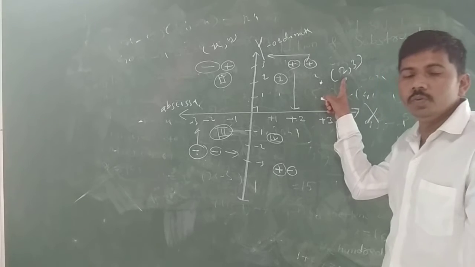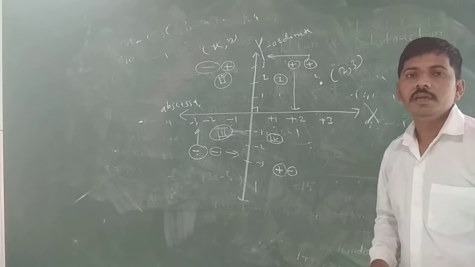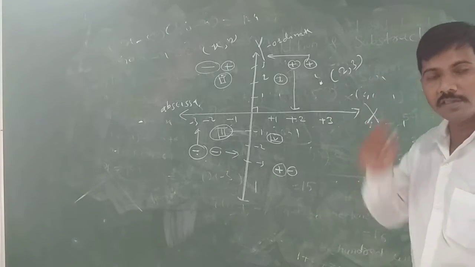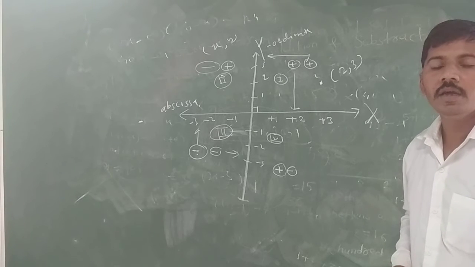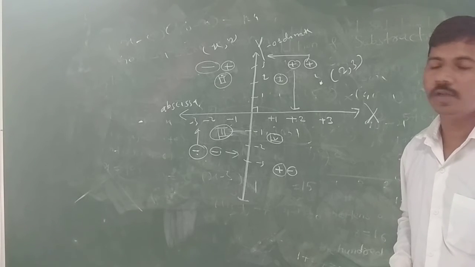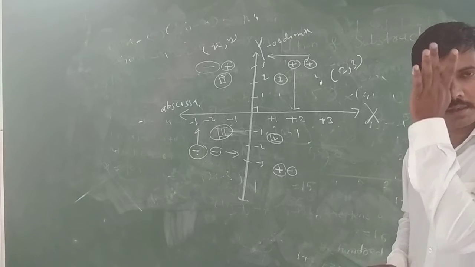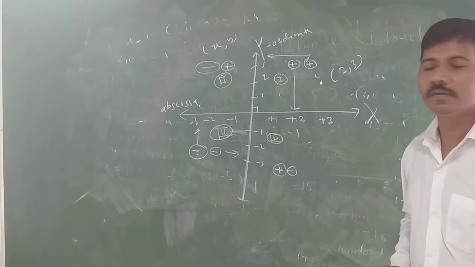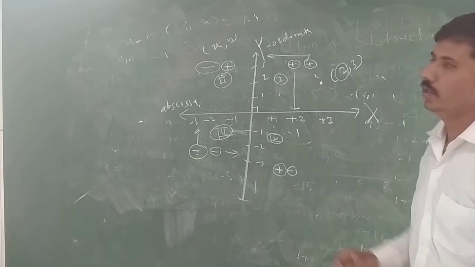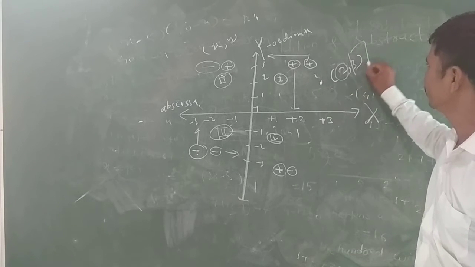The x coordinate is 2 and the y coordinate is 3. In this case, they are not going to tell you what the abscissa is, or what the x coordinate is. They are indirectly using this word: abscissa is 2, ordinate is 3.